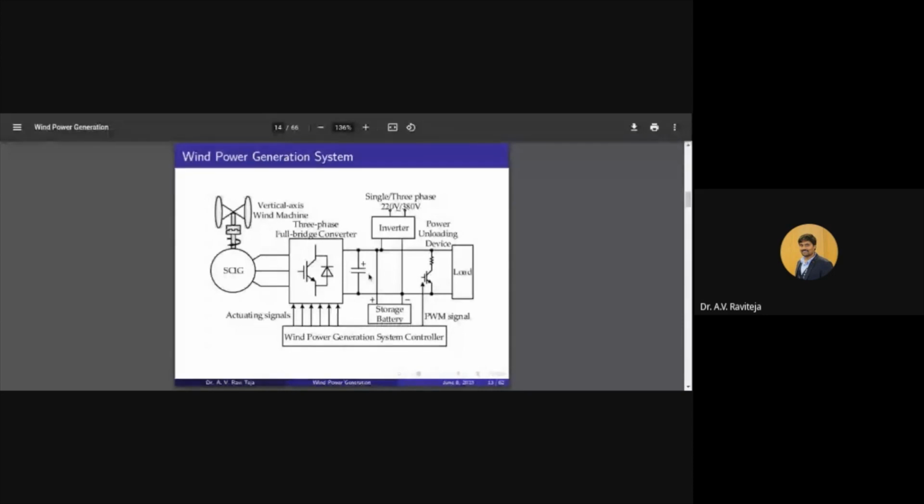And this DC, I will feed to a DC to AC converter, which is controlled. How am I controlling the inverter used for DC to AC conversion? This inverter is controlled such that it will generate exactly 230 volt 50 hertz supply. If it is single phase, 230 volt; if it is three phase, 400 volt 50 hertz supply.